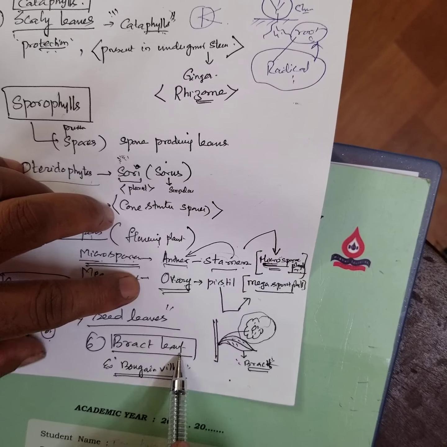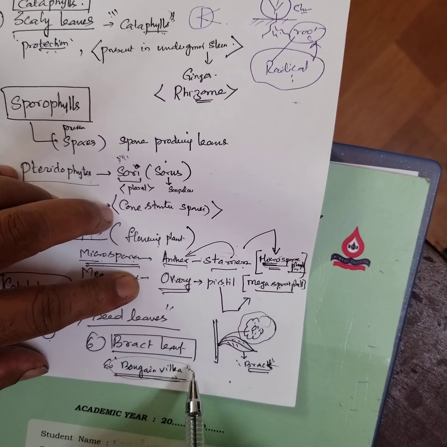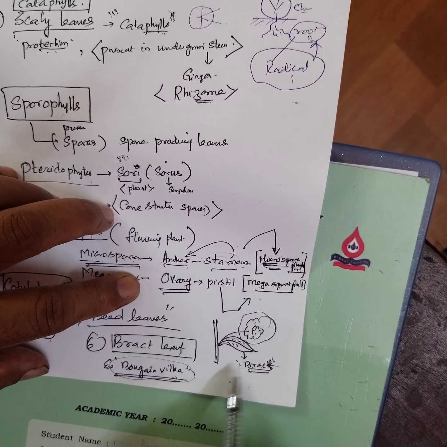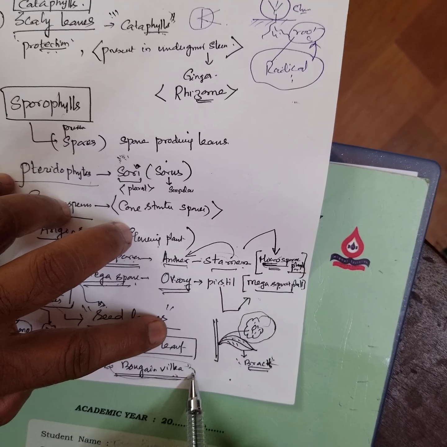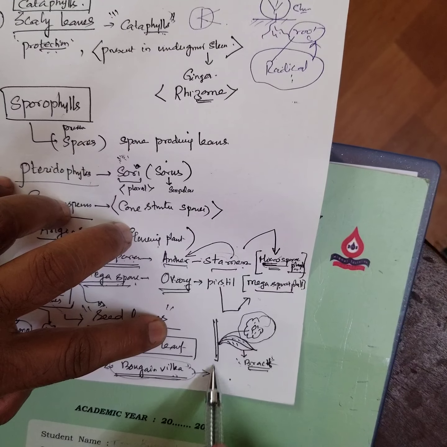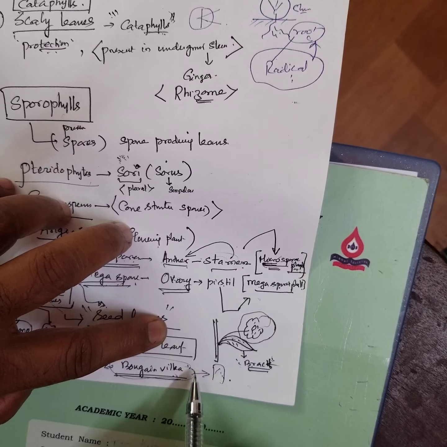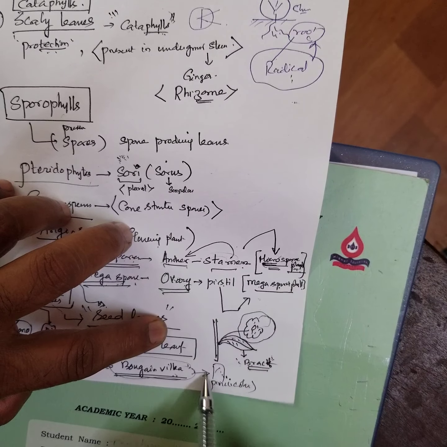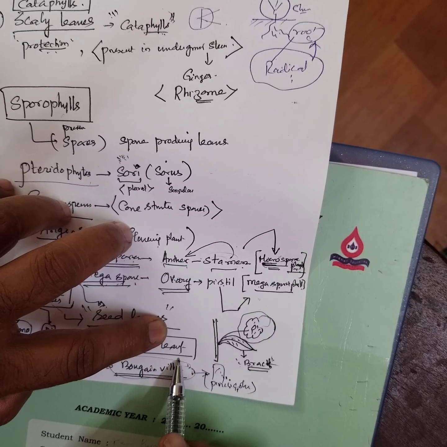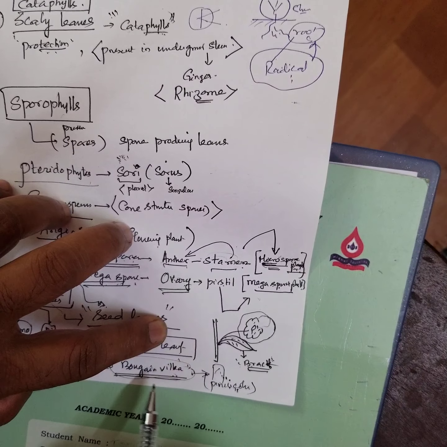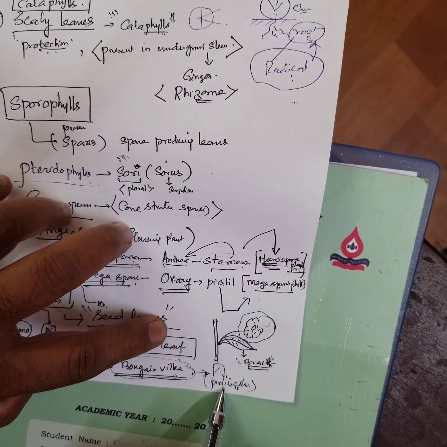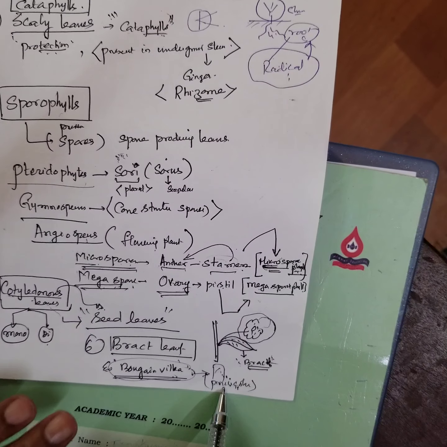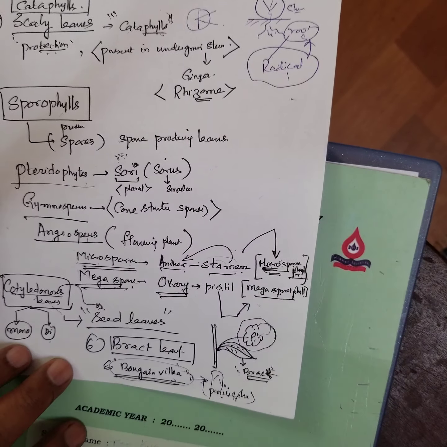Actually, it is having a pink color, but we think that bract is a flower. Actually, it is not a flower. Though it is a pink color, the leaf is different from the flower. Can you follow?